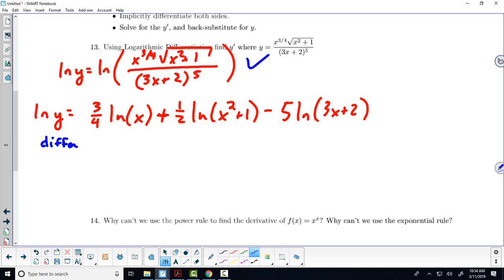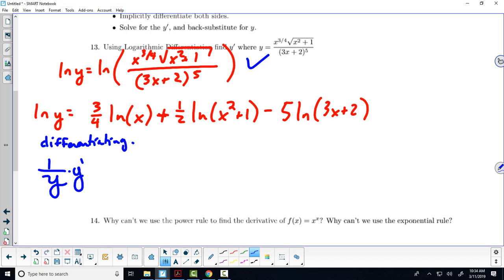Differentiating, we get, what is the derivative of the natural log of y? 1 over y, and in the same breath, as Will said, times y prime. Don't forget that chain rule that comes from implicit differentiation.